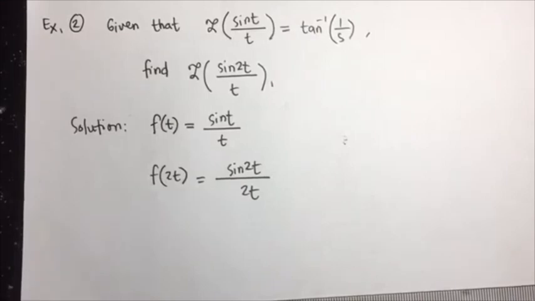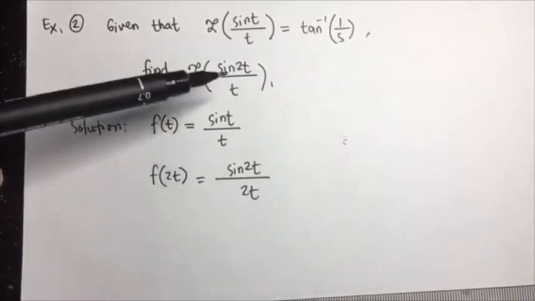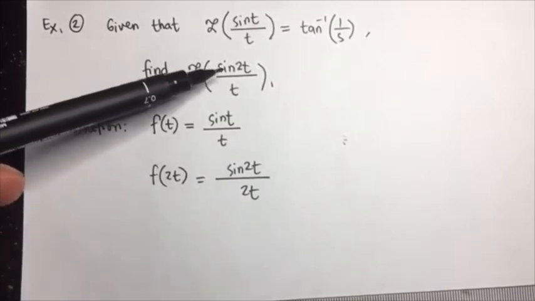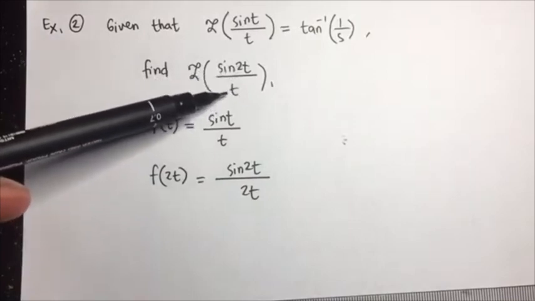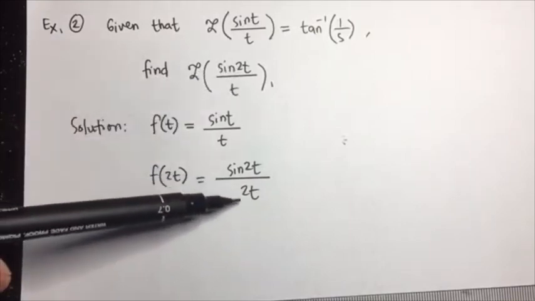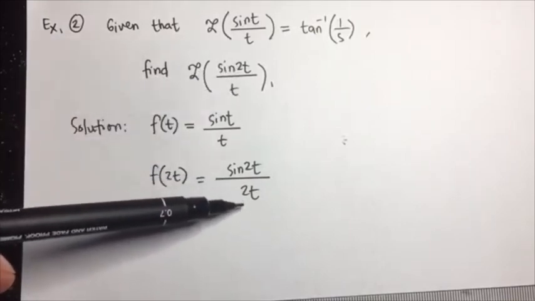However, what we are looking for is only the Laplace transform of sine 2t over t, and our f of 2t has a denominator of 2t.